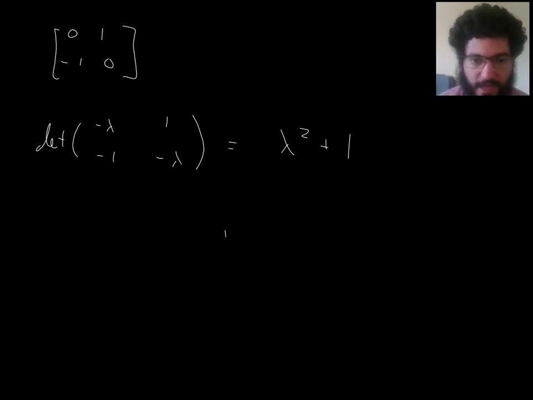And what are the roots of that? Plus or minus i. So this has no real roots. In modern times we say this has the roots plus or minus i, but if you lived in a time before complex numbers were invented, you would just say this has no real roots. This matrix has no eigenvalues.